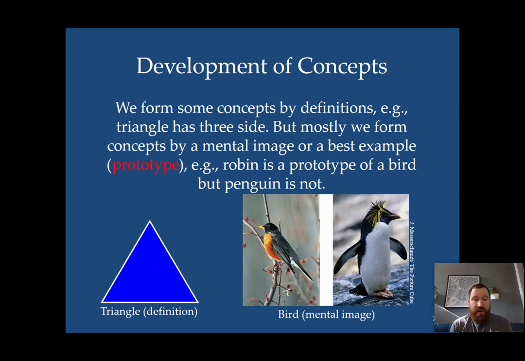But a penguin, maybe not so much, or an ostrich, maybe not so much. While they are birds, they are different in some pretty significant ways that we would say rule out the fact that they can be the best example. Although we do still recognize them as birds because they have other similar features, right?